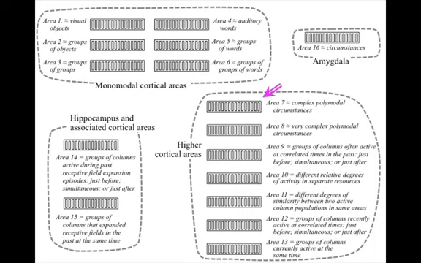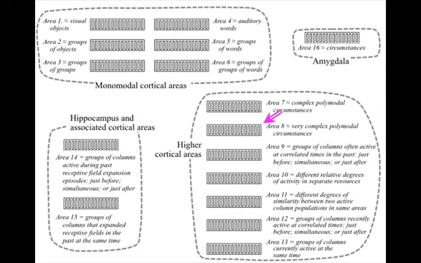Then there's areas detecting more complex receptive fields, generally polymodal, getting information from more than one sense. And these receptive fields can discriminate between more complex types of cognitive situations. I've just illustrated one such area, but in the real brain there will be a number of such areas, detecting receptive fields with combinations of inputs from different combinations of monomodal areas.